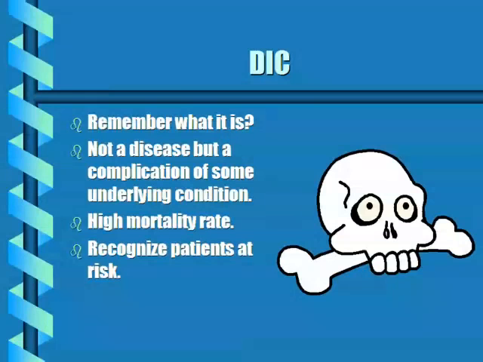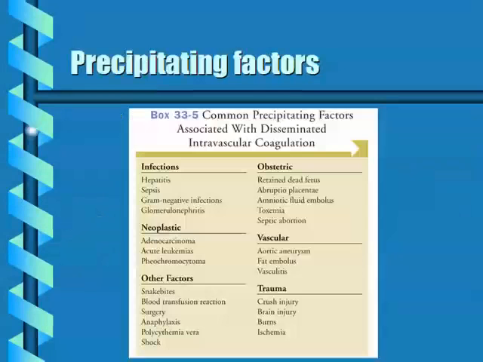The development of DIC is precipitated by endothelial damage, tissue damage, and direct activation of factor X. The most common cause is infection. So, these are showing your common precipitating factors associated with DIC. And you will find patients in OB that have DIC and in ICU, mainly.